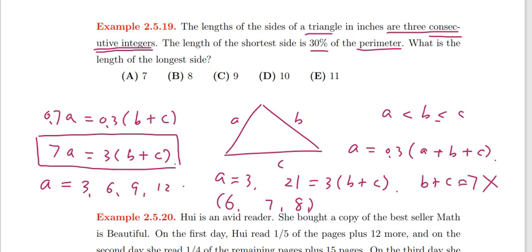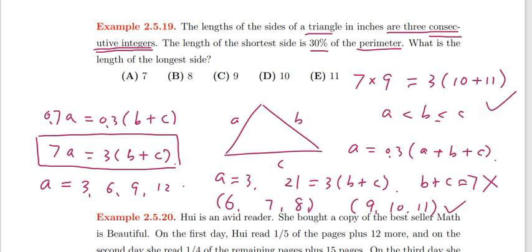Or A equals 9. Let's see. So just like that, 9, 10, 11. This is okay. So we find that this is okay. Let's plug in here: 7 times 9 equals 3 times (10 plus 11).